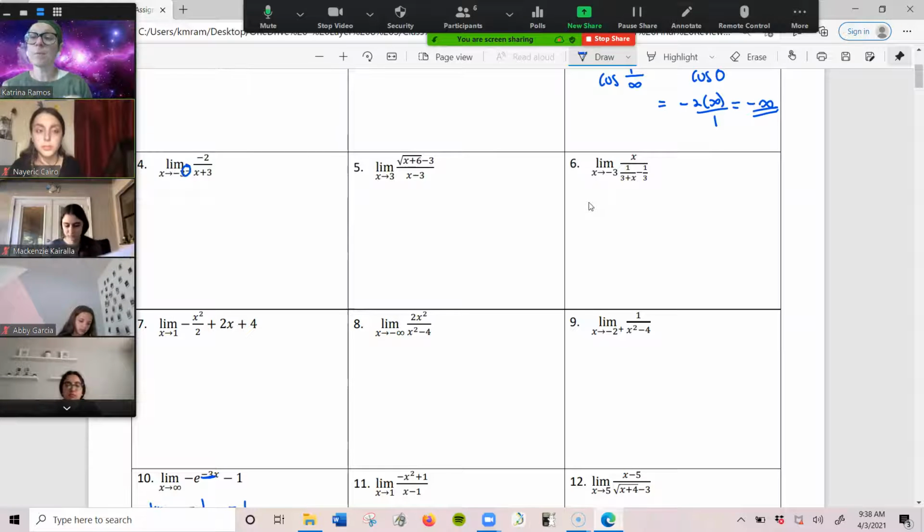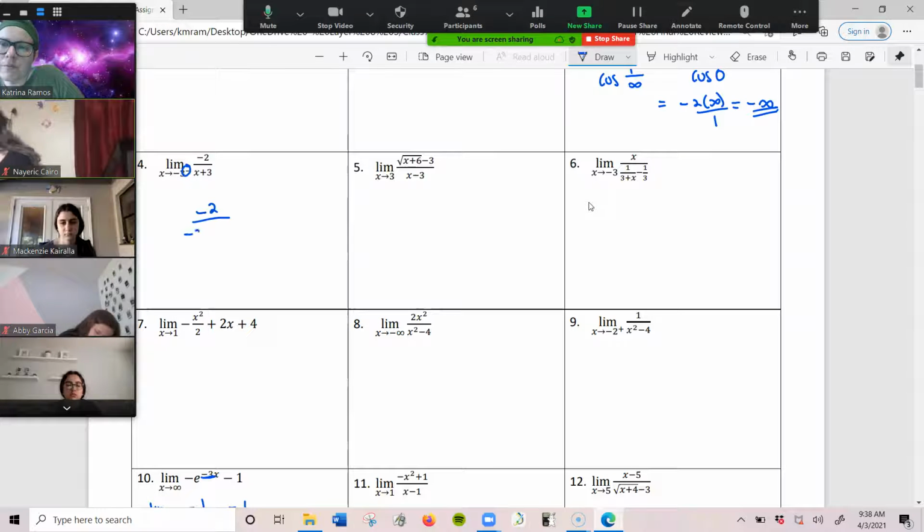And we figure that out by plugging in a number that is slightly to the left of -3, since it's saying -3 from the left. Okay, so something slightly to the left, let's just say -3.1. That's to the left of -3. Does that make sense? So we plug in -3.1. So -2 over -3.1 plus 3.